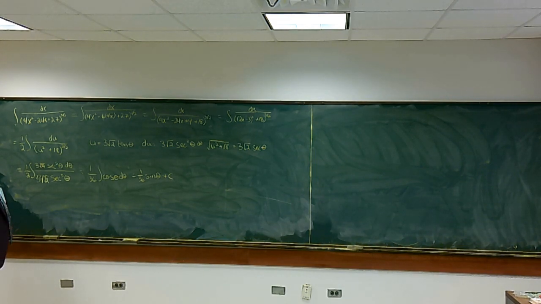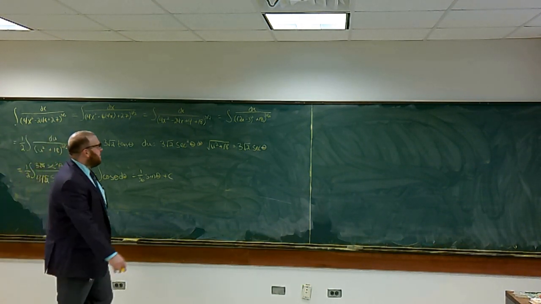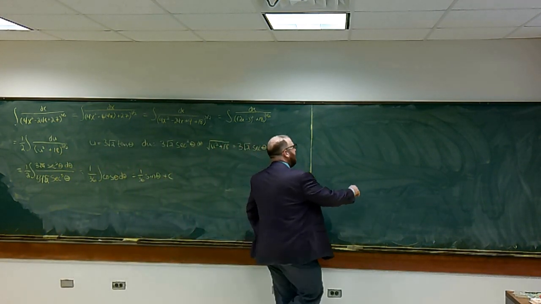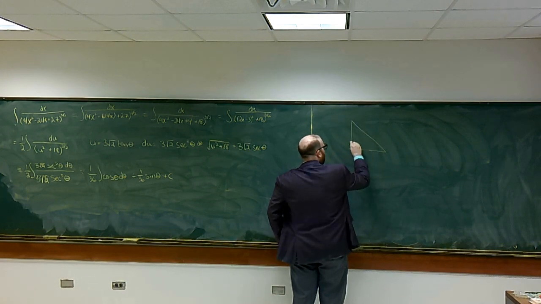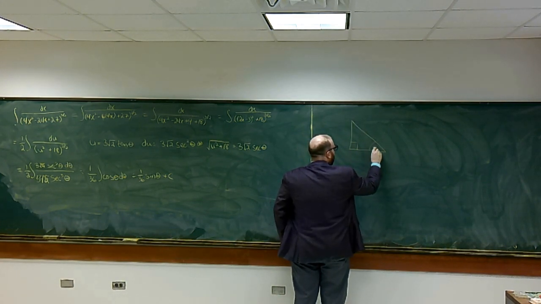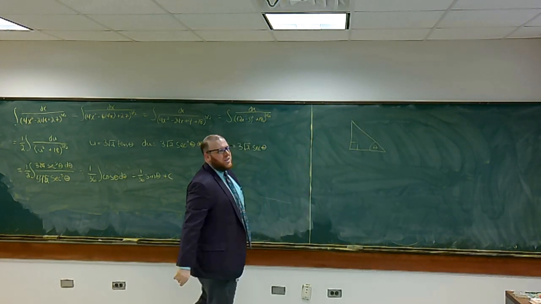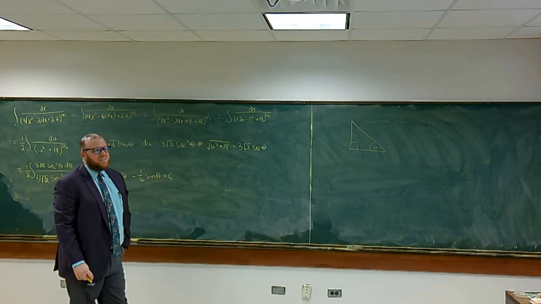Would it be 3 root 2 tan? You want it just in terms of u, you don't want cosine. Okay, so 2 ways. You can look at the triangle or algebra. Sine, remember, is secant tangent.